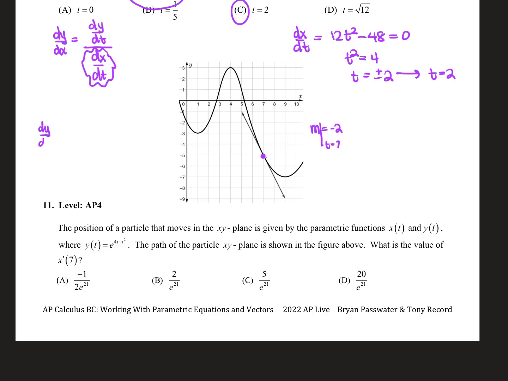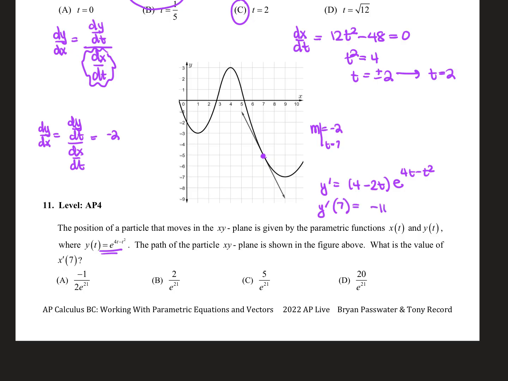So remember what the slope is equal to. It's equal to dy dx, which is the same thing as dy dt over dx dt. So we know this slope is equal to -2. dy dt, we can find what that is. So y prime is equal to, chain rule, 4 minus 2t, copy down the e, and we're doing y prime at t equals 7.